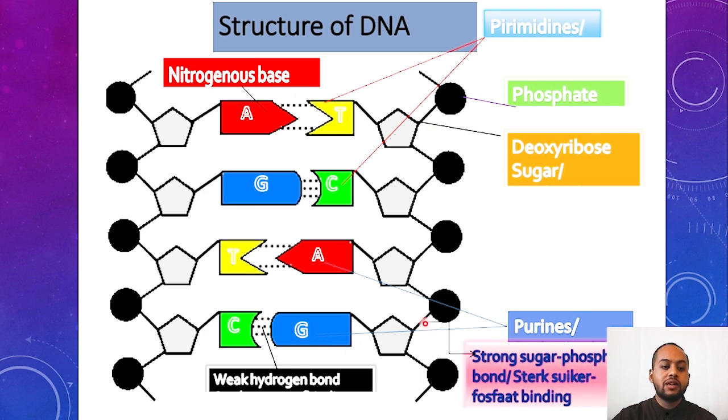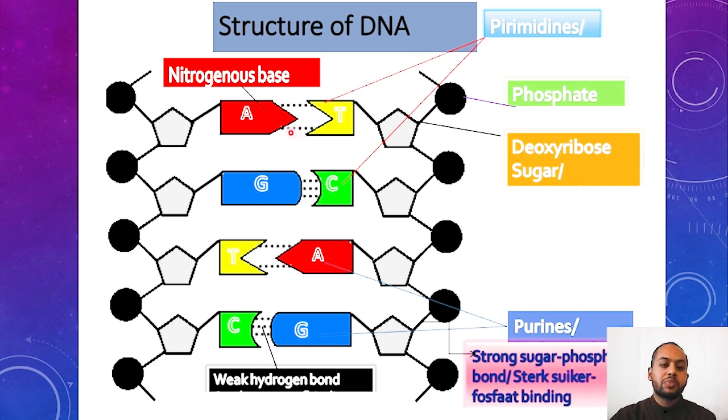So there are 4 nucleotides on the right and 4 nucleotides on the left. In total, there are 8 nucleotides on this particular structure of DNA. You will notice that they have labeled the nitrogenous base, and they are color coded.